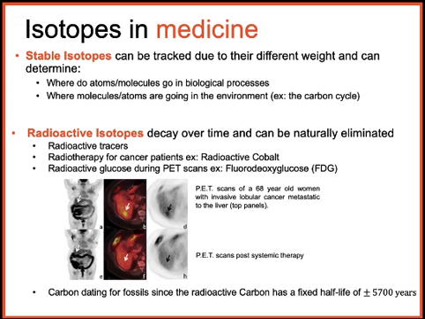Here, you'll see I put a picture of a PET scan of this 68-year-old woman with invasive lobular cancer, metastatic to the liver. You'll see in the top panel it's pointing to this little dot. What happened was there's this radioactive glucose, and wherever there's high metabolism of the cells, you'll see this later on, these cancer cells are metabolizing very fast.